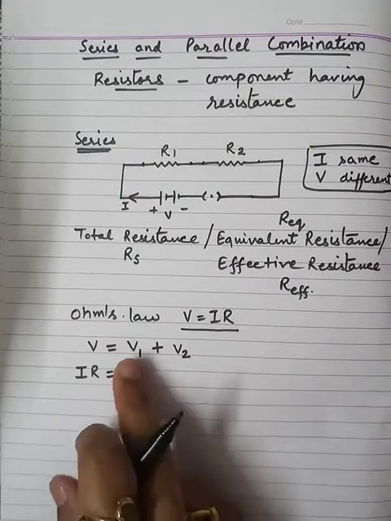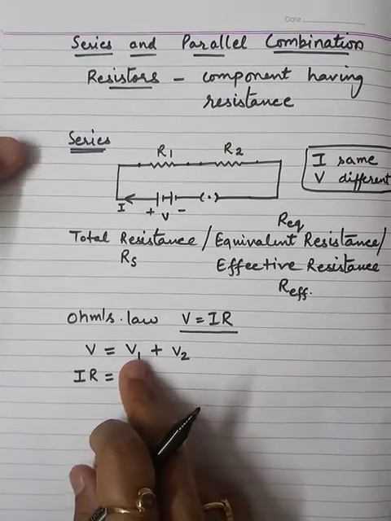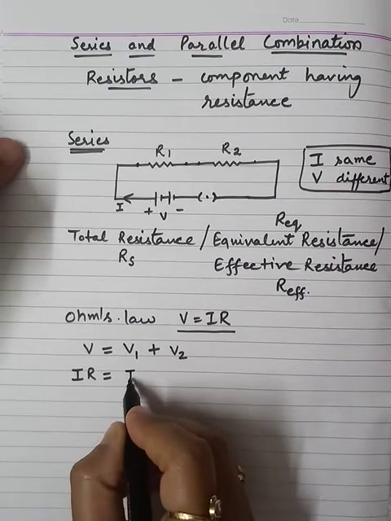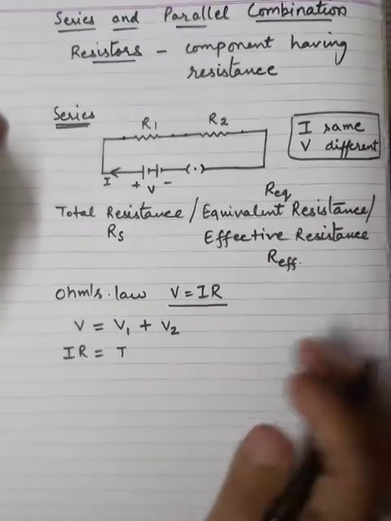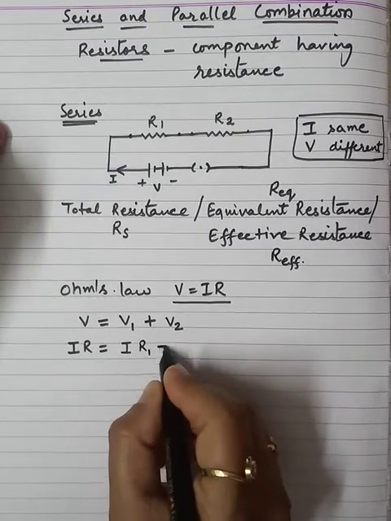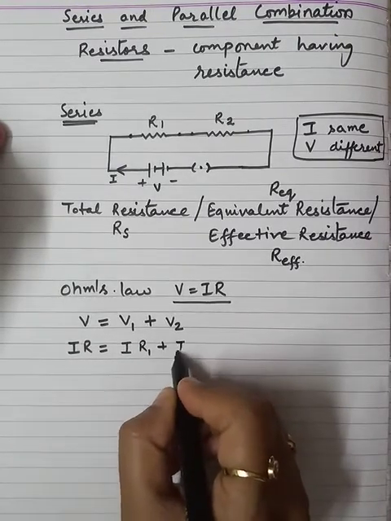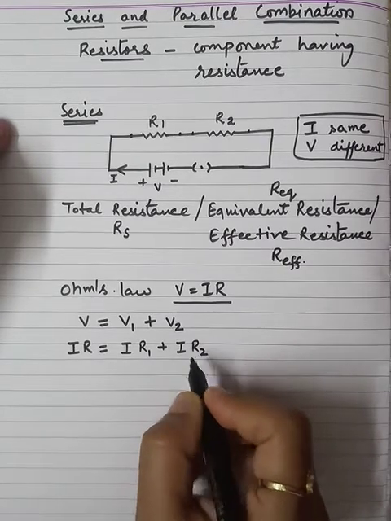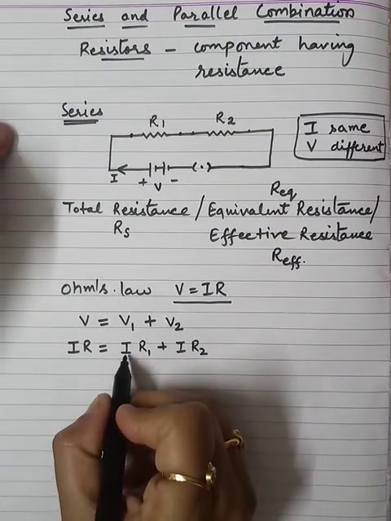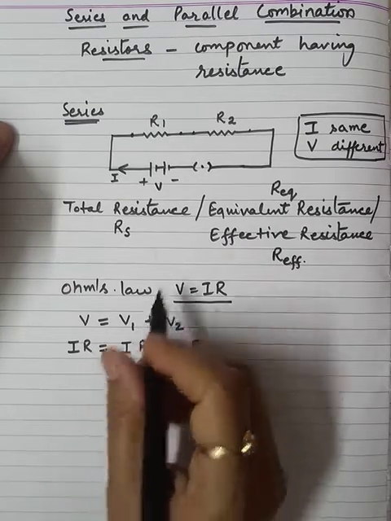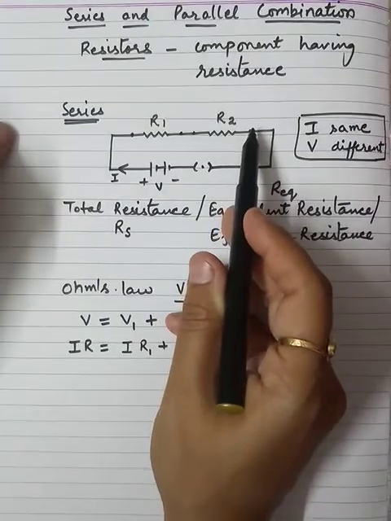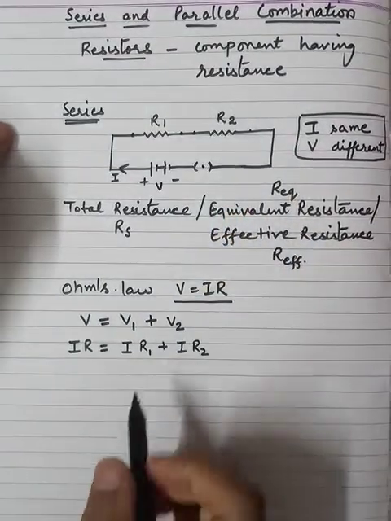For V1 we can write, according to Ohm's law, I times R1 plus I times R2. We are keeping I as I only because the total current flowing through R1 and R2 is the same, since they are in the same line, right?